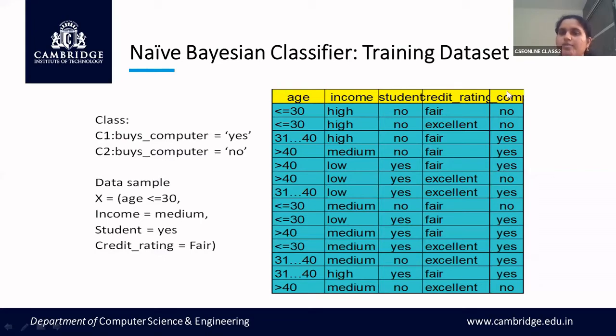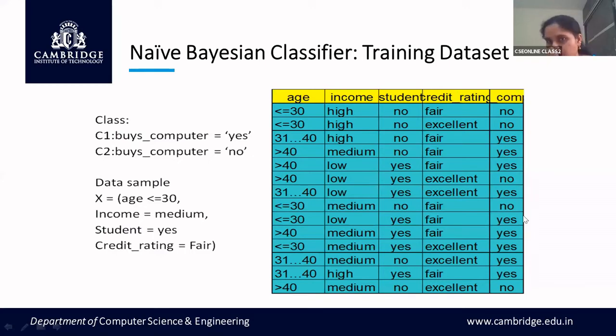With the class label, the first step is to find the probability of the class label. How will you find it? You will count the number of yes. How many yes are there? 3, 4, 5, 6, 7, 8, 9. 9 out of 14 is yes and 5 out of 14 is no. So find the probability as 9 divided by 14 and 5 divided by 14. So your probability of the class label is calculated in the first step.